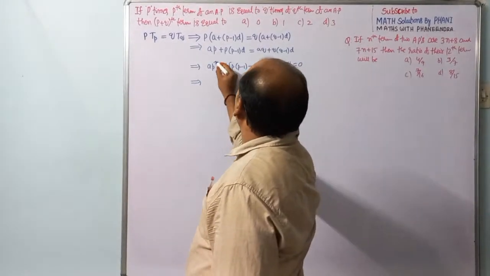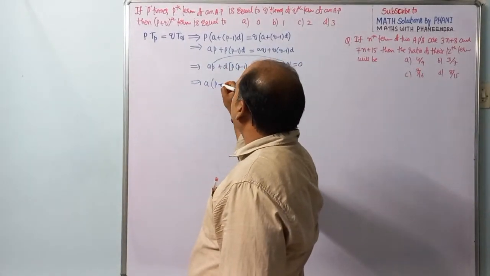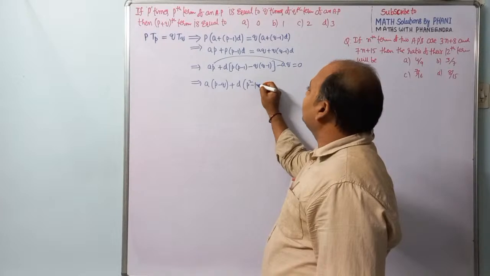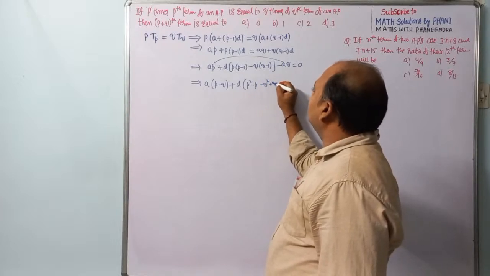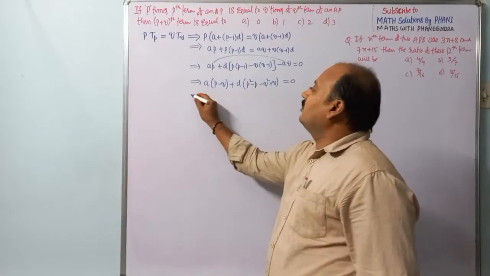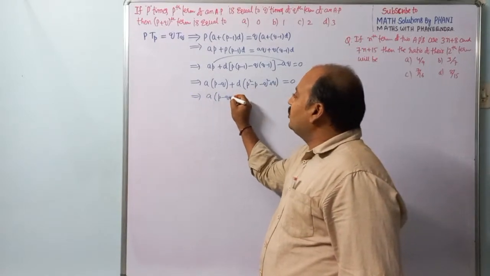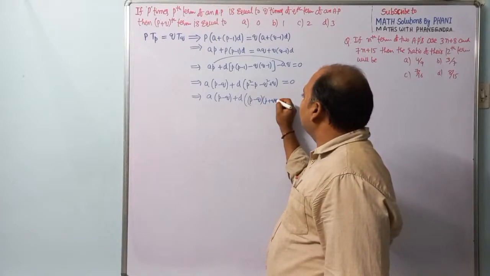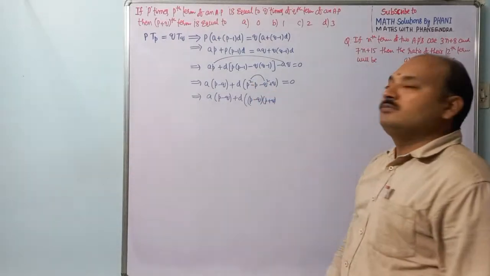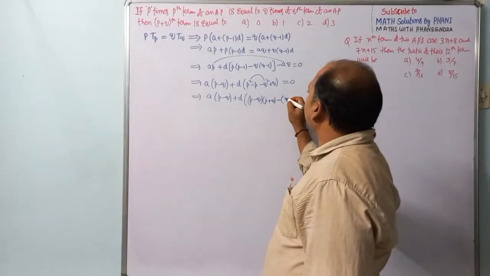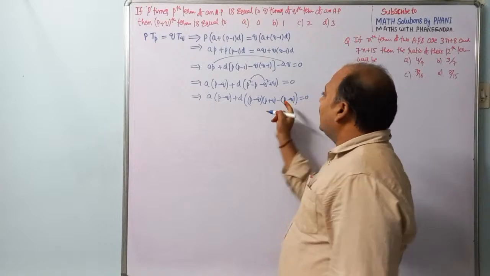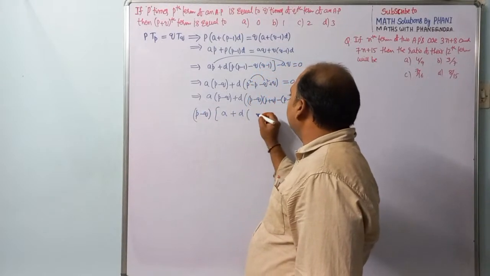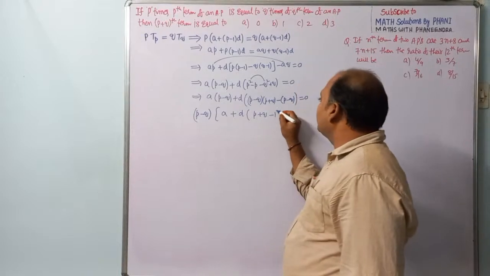Now from these, a into p minus q plus d into p square minus p minus q square plus q is equal to 0. So a into p minus q plus d into, this we can write as p minus q into p plus q minus 1. Taking p minus q common, we bring out p minus q into a plus d into p plus q minus 1.